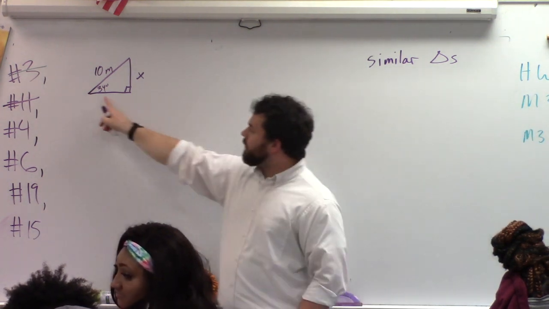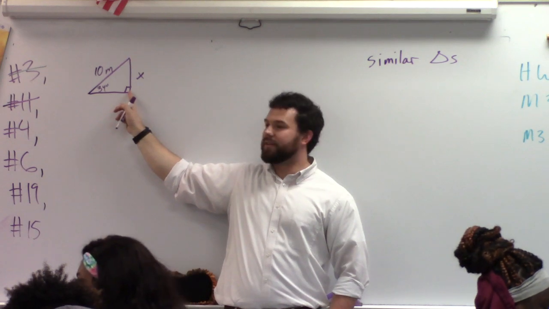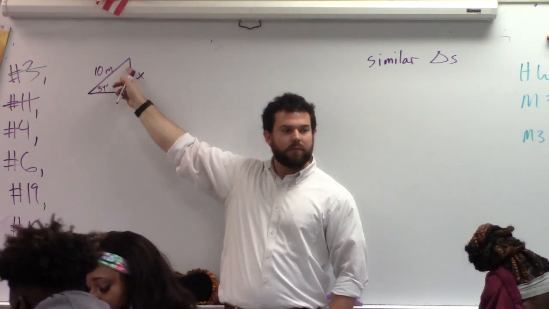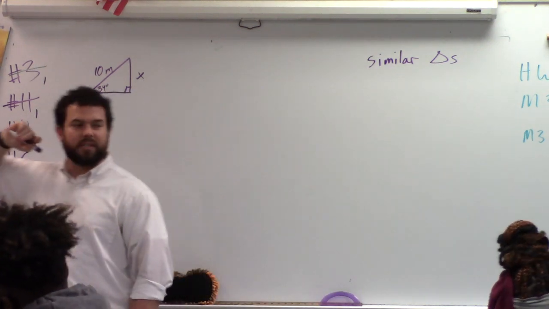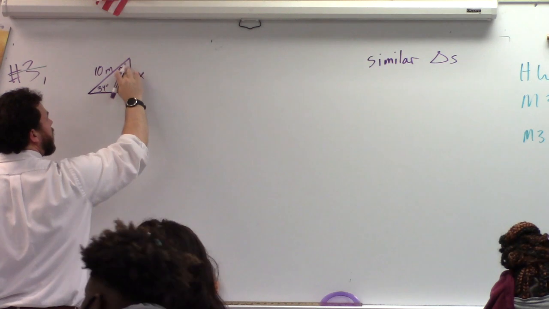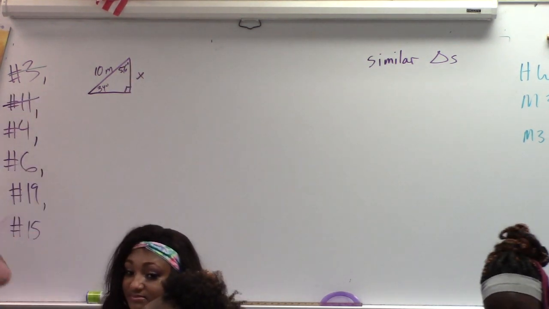Because if I know that this angle right here is 34 degrees, and this is 90 degrees, what do I know this angle is going to be? 56. How are we getting 56? I want y'all to hear this very clearly, because Alana hit on a really important idea.